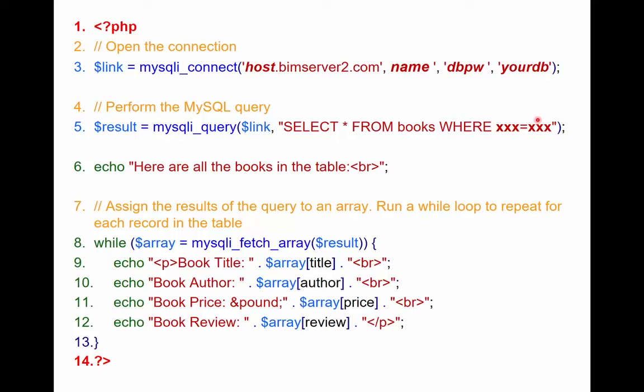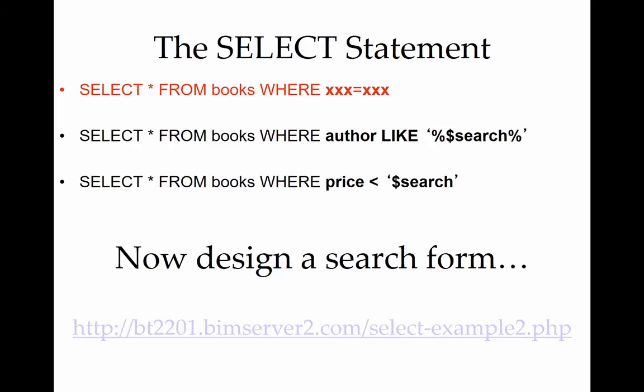Maybe there's a student who says, I only want to see placements where they pay more than £15,000. Then they can write where placements greater than 15,000. So what kind of things can we ask? Here, for example, where price is less than a specific value.